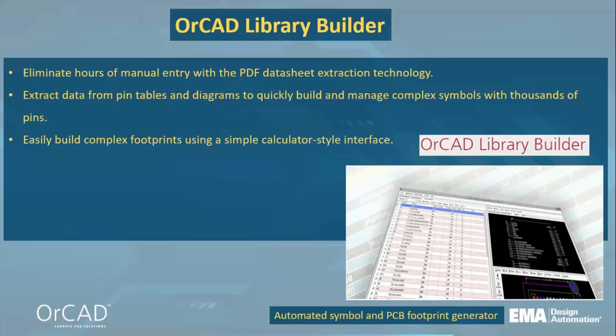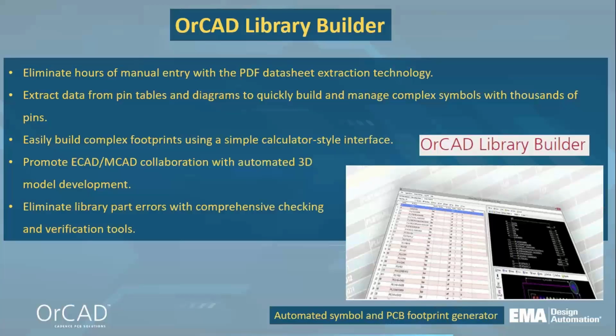We easily build complex footprints using a simple calculator-style interface, and it promotes ECAD MCAD collaboration with the 3D models and the development that we have. And you're going to eliminate a lot of library part errors with the comprehensive checking and verification tools that come with it. So that's a real nice feature with the OrCAD Library Builder.